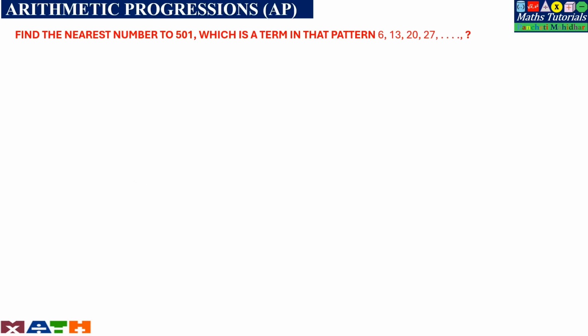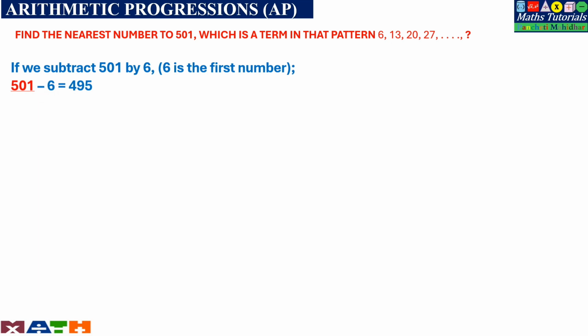Find the nearest number to 501 which is a term in that pattern. If we subtract 501 minus 6, where 6 is the first number, 501 minus 6 is equal to 495. Here the difference is 7. If we divide 495 by 7, the remainder is 5. So that means we need to add 2 more to this number so that it will be divisible by 7.